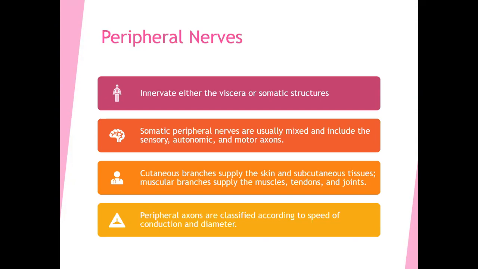It innervates the somatic structures, the sensory, the autonomic, and the motor systems in the area that it serves in that peripheral nerve distribution. So it's mixed. When you have damage to a nerve, you're going to have sensory, motor, and autonomic results. Hopefully that makes sense.